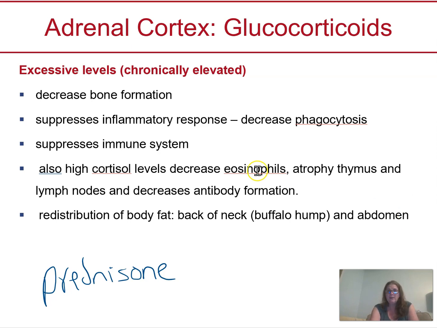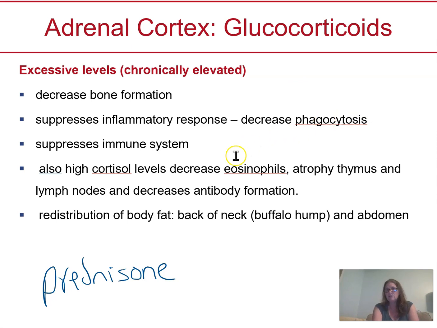If it's elevated chronically, it tends to interfere with bone formation, right? Decreases bone formation, suppresses inflammation, which again, if you have like a cortisone cream, right? Those creams are good to suppress red, itchy rashes, but you don't want this systemically and for too long. It actually suppresses phagocytosis in your immune system.